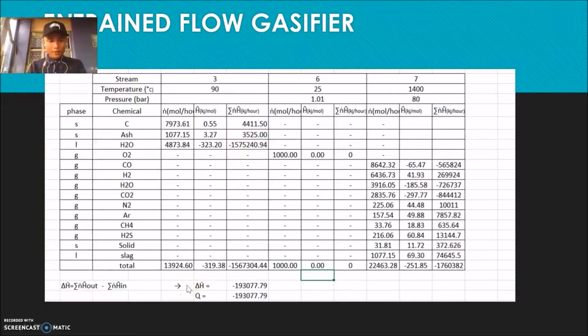So the energy produced in this unit is Q equal to minus 193077.79.